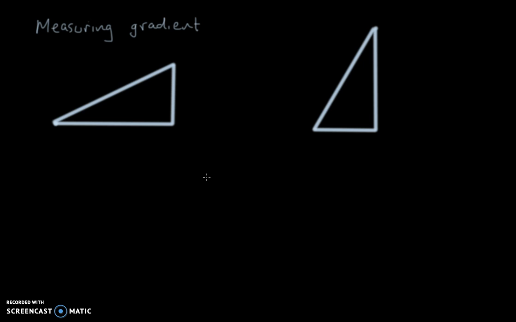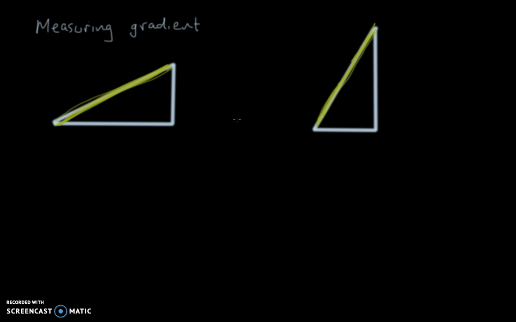And so the way you measure the gradient of a slope, and in this situation, we're talking about this particular slope here. So imagine driving along that slope there. Okay, that slope is not as steep as this one. Okay, so this second one is more like the mountain, and the first one is more like the hill.